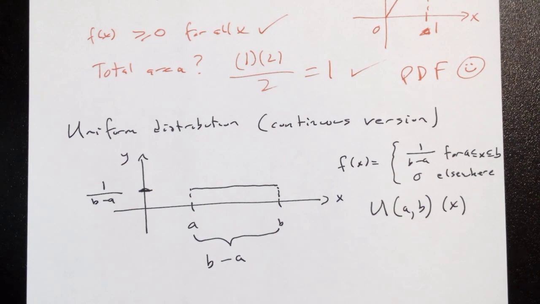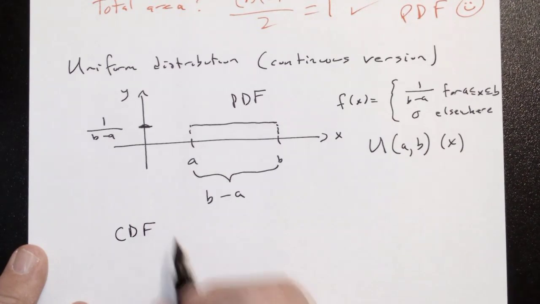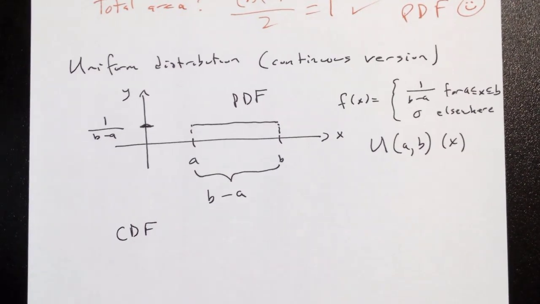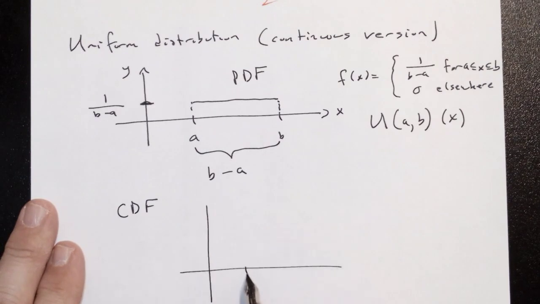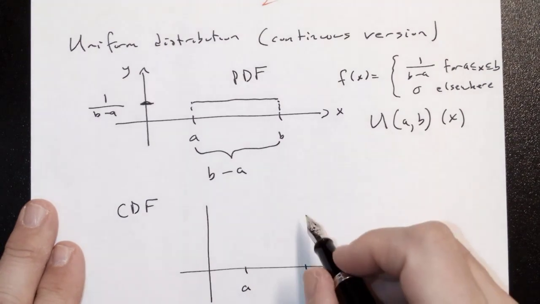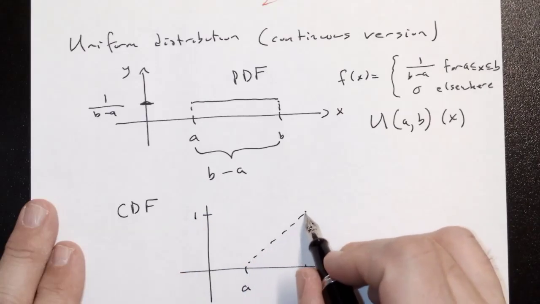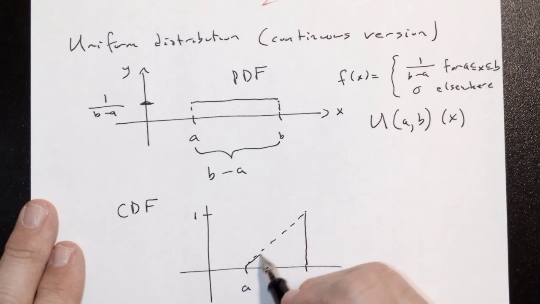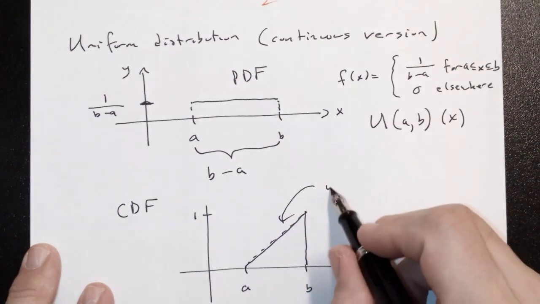It's actually directly computable. This is the PDF. The CDF looks like a triangle. And what's more, I can give you the equation for this line.